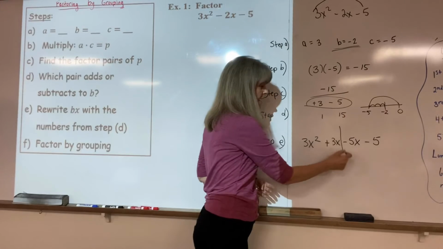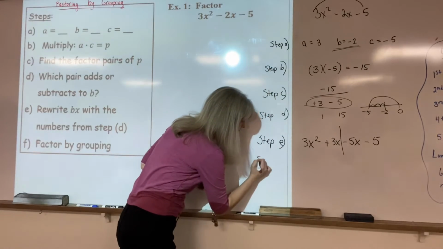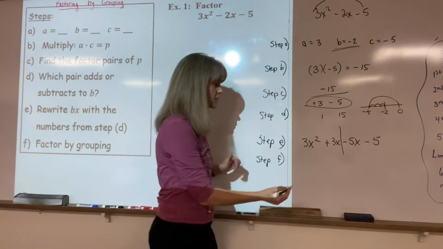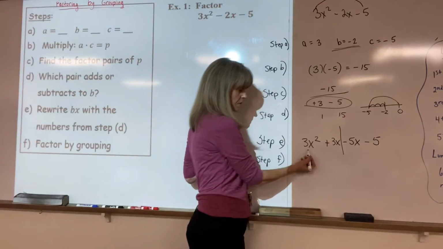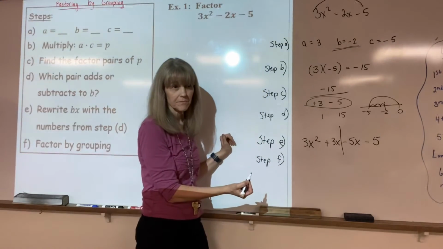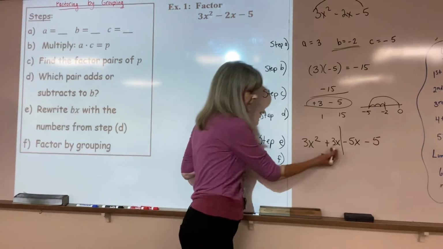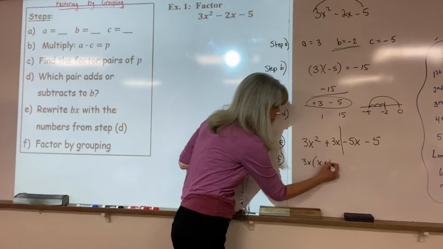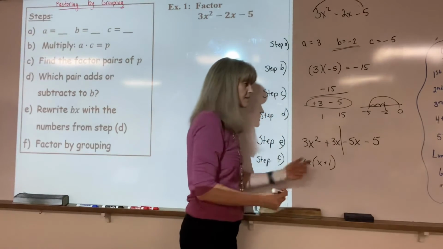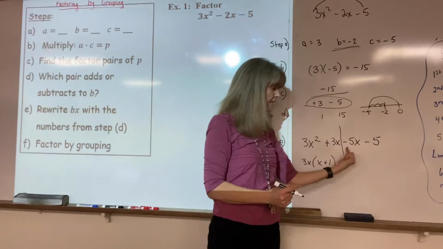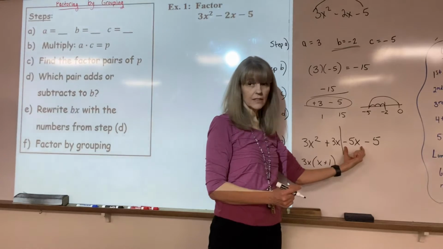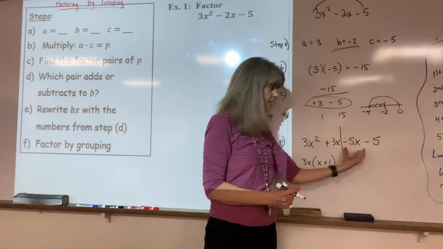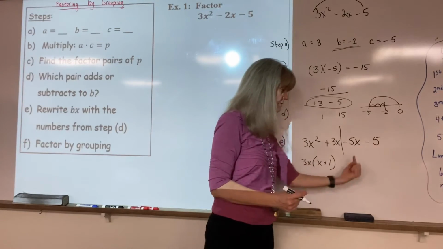So step F, factor that by grouping. So what could I take out of the first two? 3x. Which leaves me with x plus 1. Notice this is a minus 5x. If you have a minus over here, you have to take out a negative from this. So I'm going to take out a negative 5.